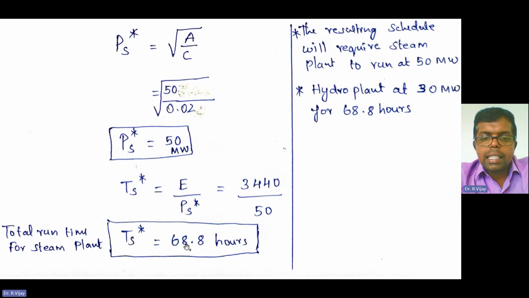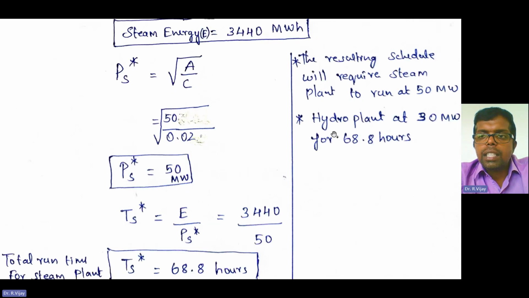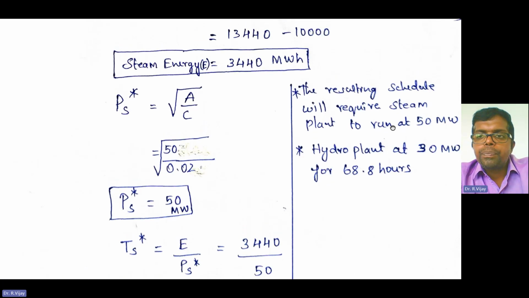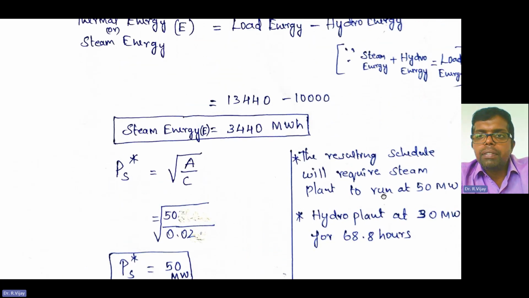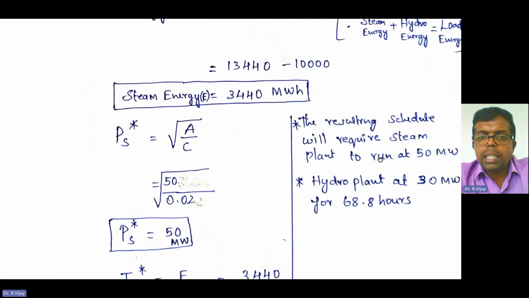So the resulting schedule will require the steam power plant to run at 50 megawatt. We already calculated the 50 megawatt.